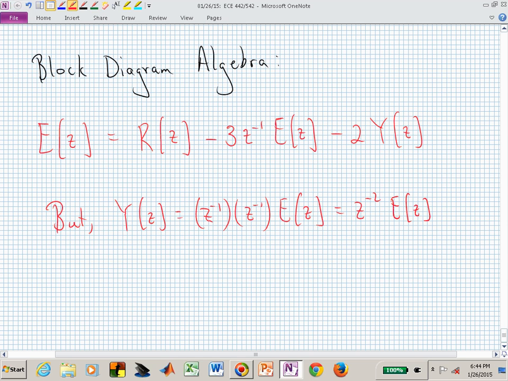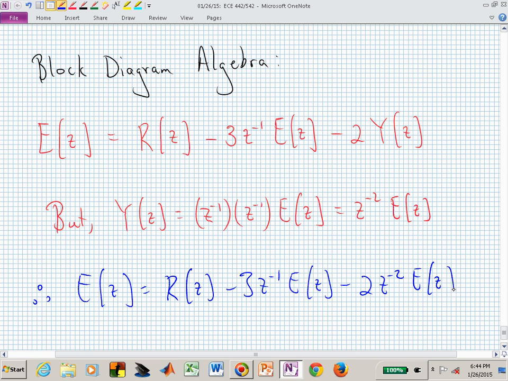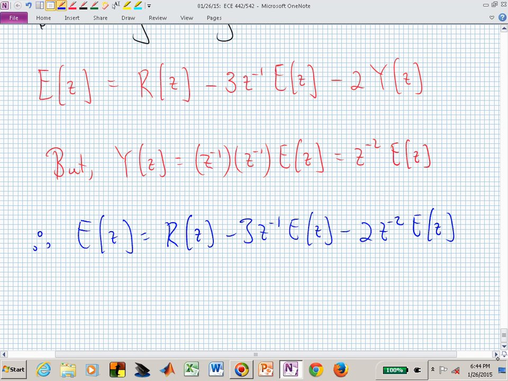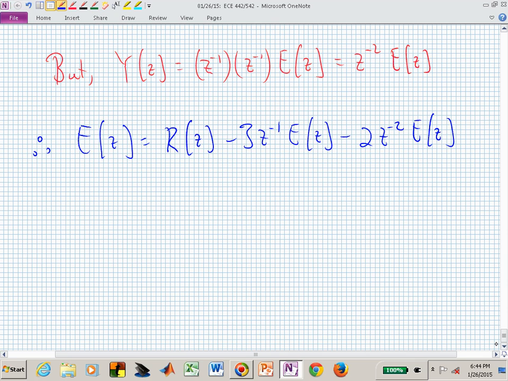And that now allows me to write e of z as r of z minus 3z to the minus 1 e of z minus 2z to the minus 2 e of z. And I can now combine my terms with e's and r's.